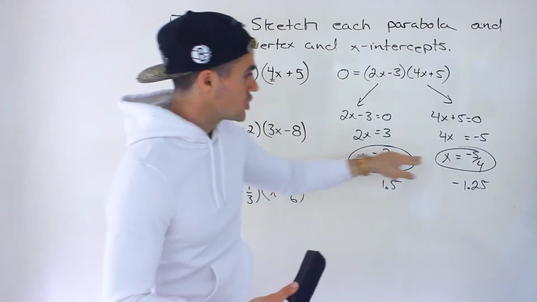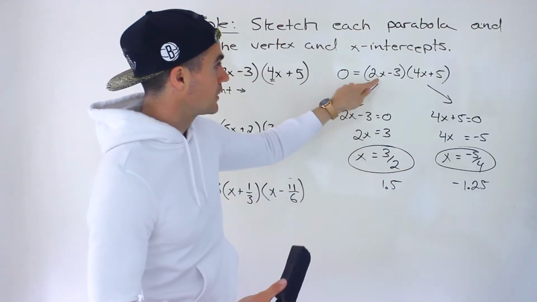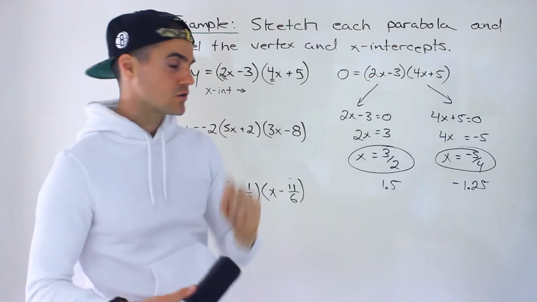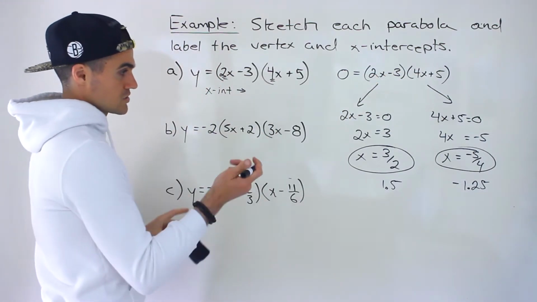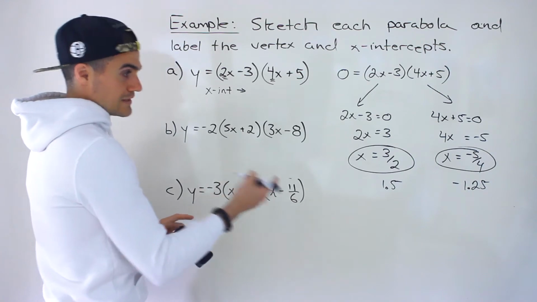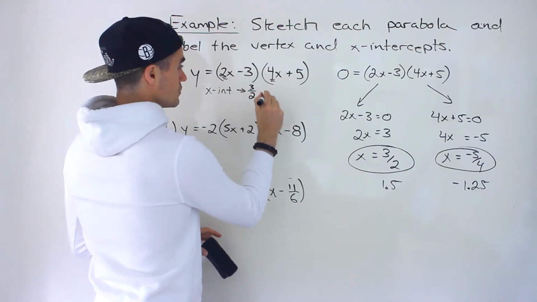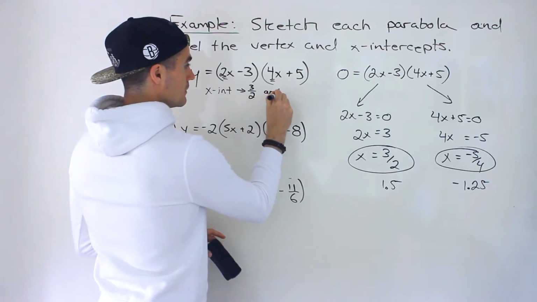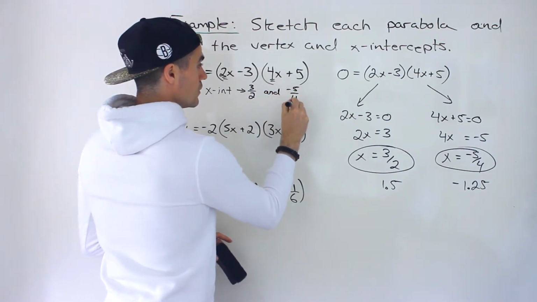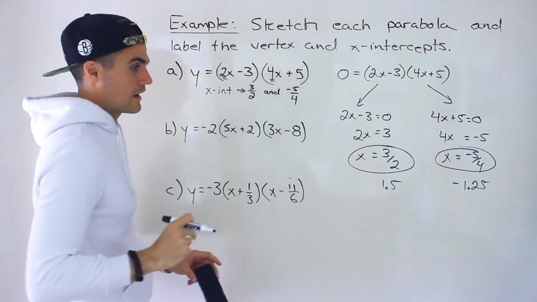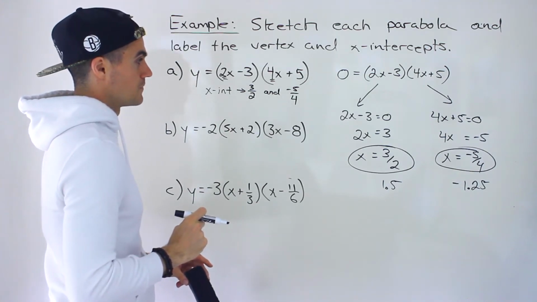So you can double check these answers by plugging them back into the brackets and making sure that you get 0 for each respective bracket. So in this case, the x-intercepts are 3 over 2 and -5 over 4, or 1.5 and -1.25.